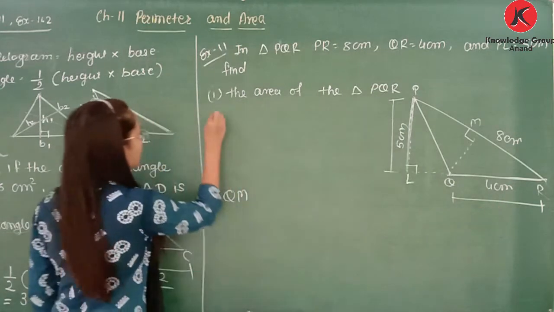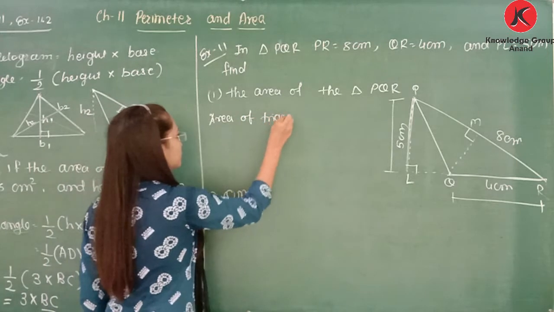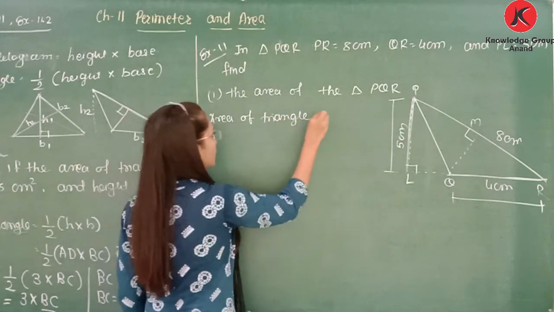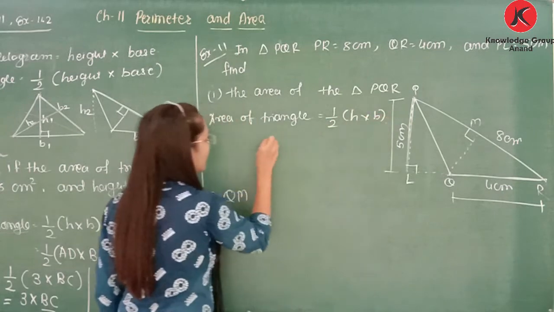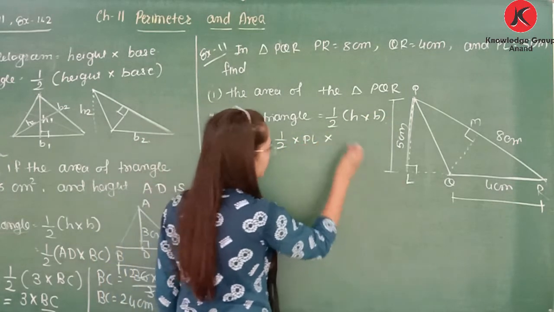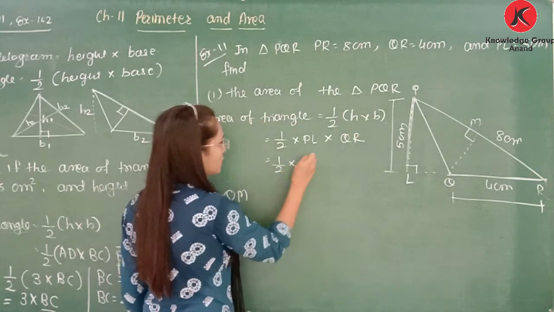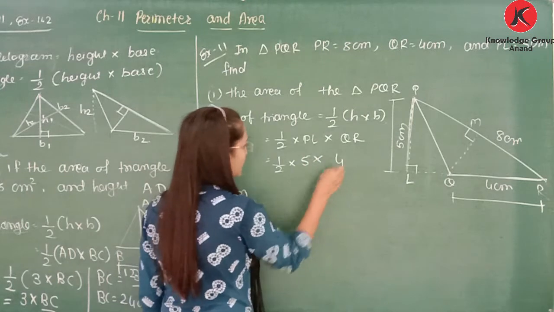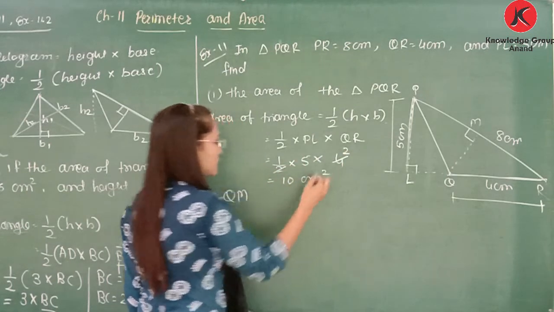So area of a triangle is 1 by 2 height into base. Now here we are considering height PL and base QR. So PL is 5 cm, QR is 4 cm. So area of triangle is 10 cm square.